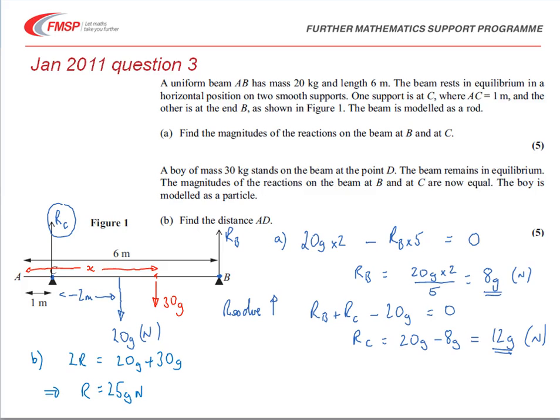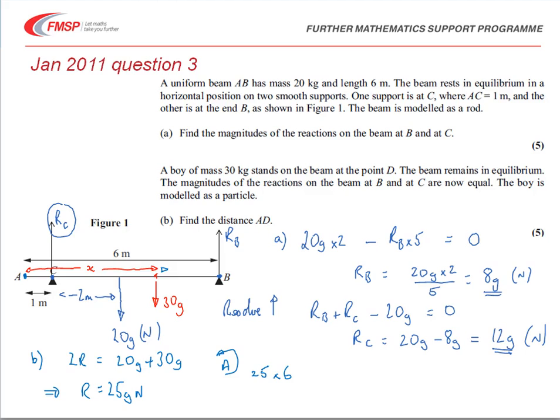Having done that, we can take moments about any point. Let's take moments about A, because that's the distance that we would like to find. AD is equal to our distance x. So taking moments about A, we have the reaction at B, which is 25 multiplied by the distance 6.